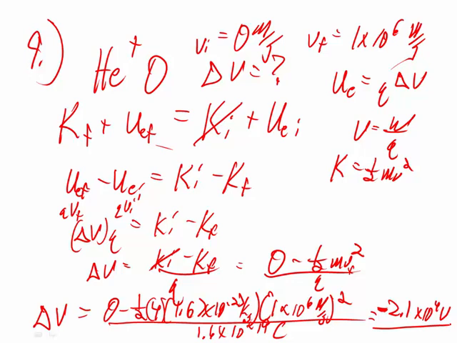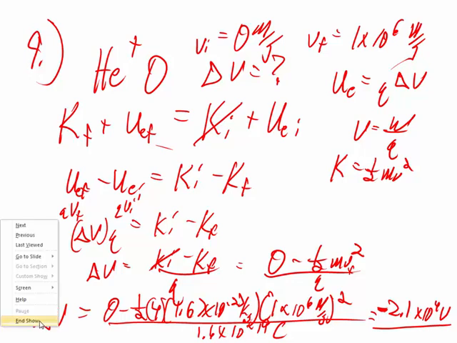Let me try that again. I got a little bit different answer. Oh, yeah, and we forgot our negative sign, too. So it's 0.5 times 1.67 to the negative 27th times 1 to the 6th squared, and then divided by 1.6 to the negative 19th. Why do I keep getting the crazy? Oh, I forgot to square it.